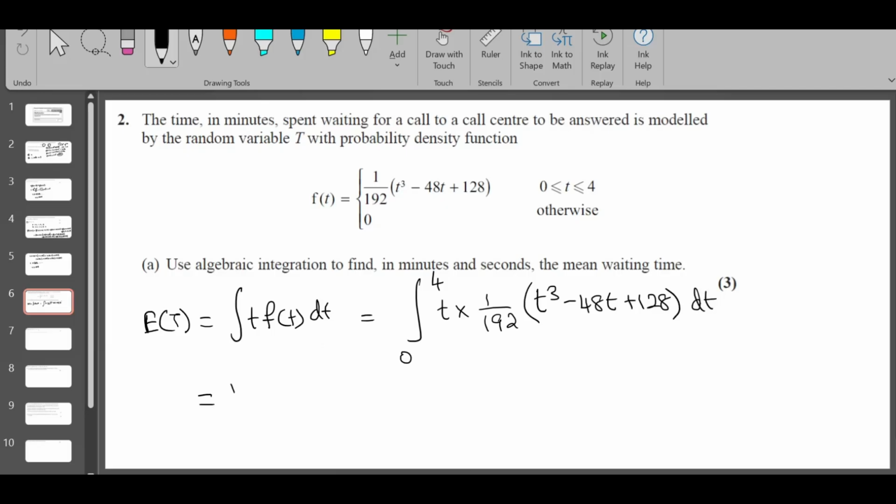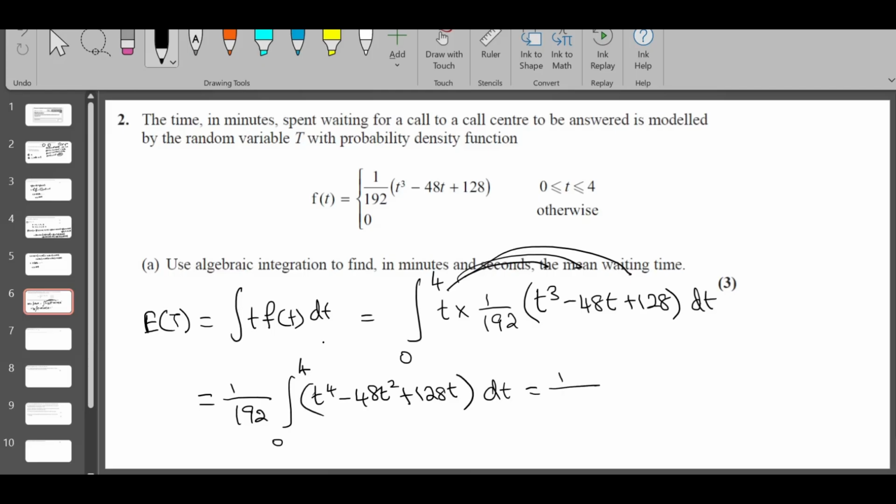You can keep 1 over 192 outside. From 0 to 4, take t and multiply everything, so you get t to the power 4 minus 48t squared plus 128t, dt.